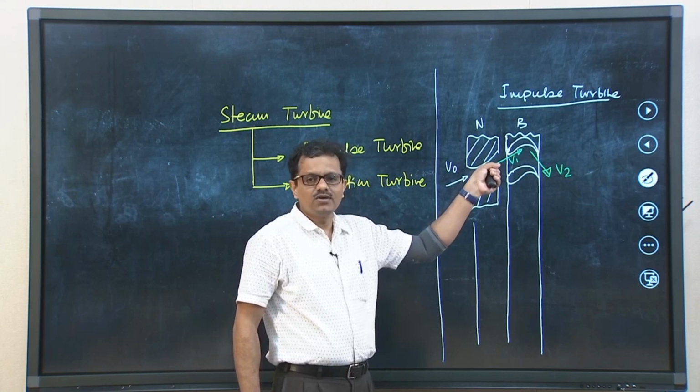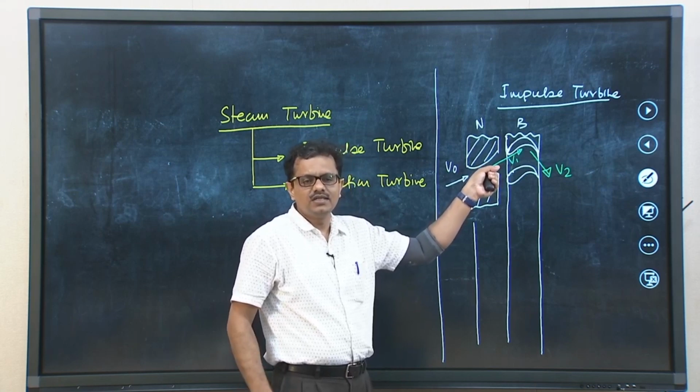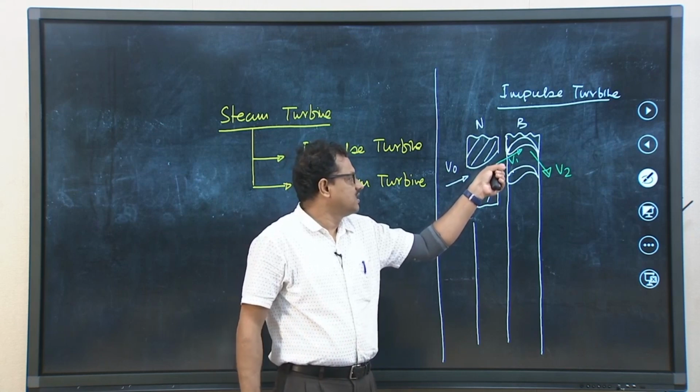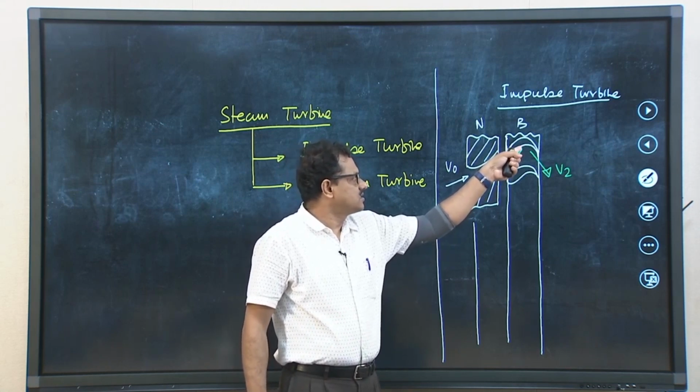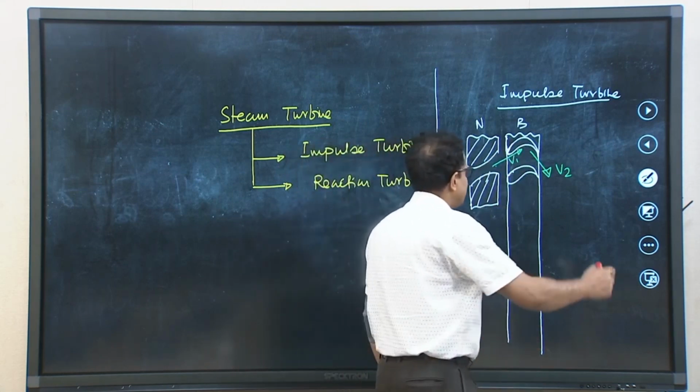Steam coming out from the nozzle, at the exit of the nozzle, is in the form of a jet, and that steam jet strikes the turbine blades. These are turbine blades.